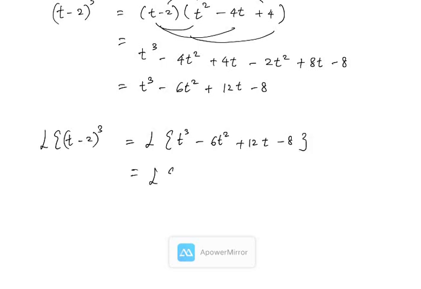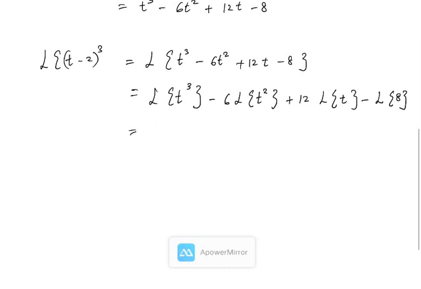So this is equivalent to the Laplace transform of t cubed minus 6, a constant that you can take out, times the Laplace transform of t squared, plus 12, also a constant, times the Laplace transform of t, minus the Laplace transform of 8. From the table, t to the power of n equals n factorial divided by s to the power of n plus 1.